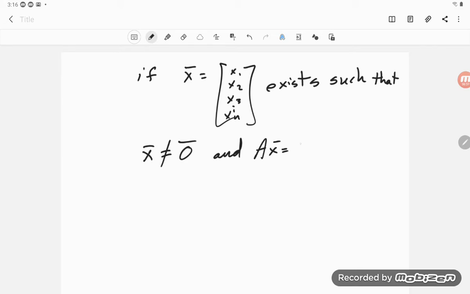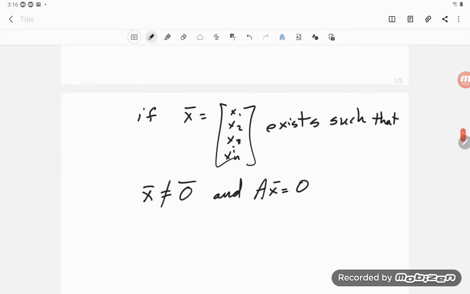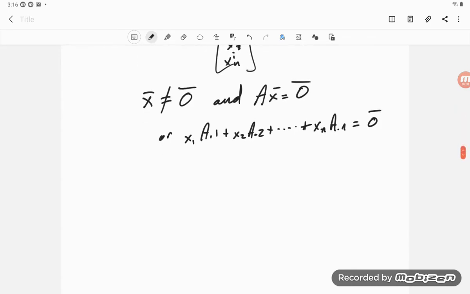AX equals 0, or another way to write it is back here with the linear combination, x1 a dot 1 plus x2 a dot 2, all the way up to our xn a dot n is equal to the 0 vector, then A is singular.